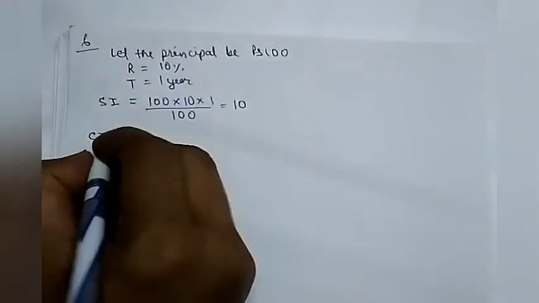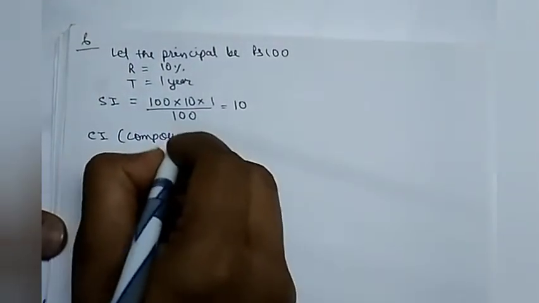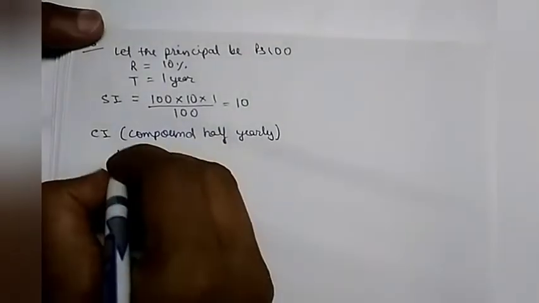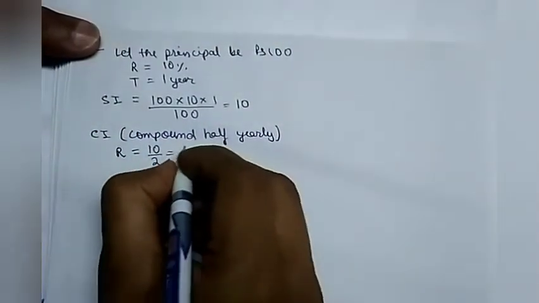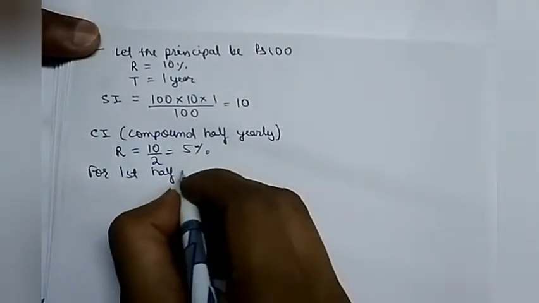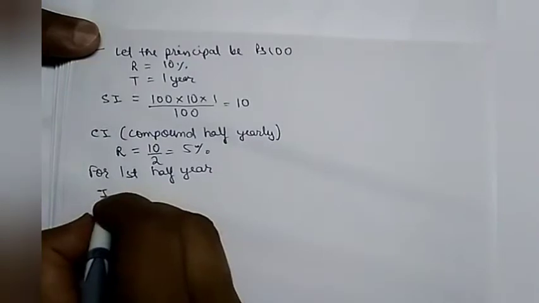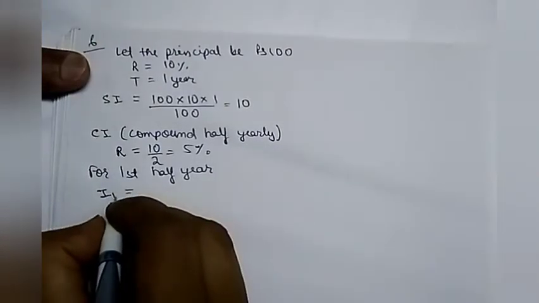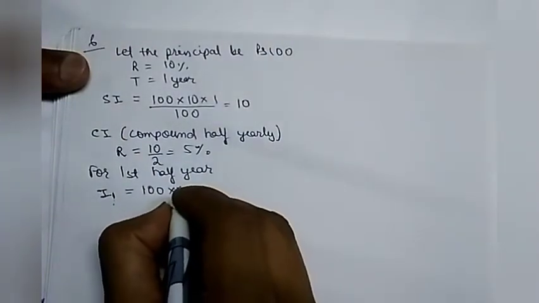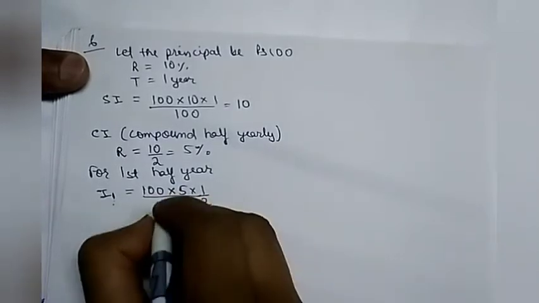Now compound interest, compounded half yearly. See, when it is compounded half yearly, the rate decreases by half, that is equal to 5%. For the first half year, that is 6 months, the interest will be equal to 100 into 5 into 1 by 100.